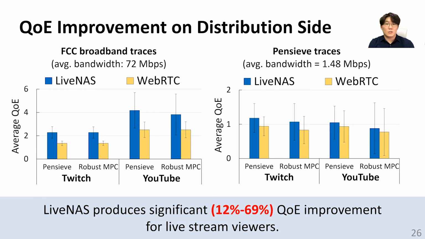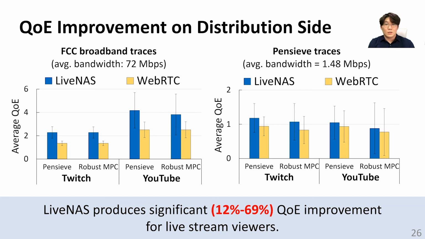Overall, LiveNAS ingest delivers 12 to 69% improvement in average QoE on the distribution side. The improvement comes from 2 reasons. First, LiveNAS provides higher resolution chunks, benefiting viewers who have ample bandwidth. Second, each encoded chunk is of better quality because ingest video quality improves with LiveNAS.